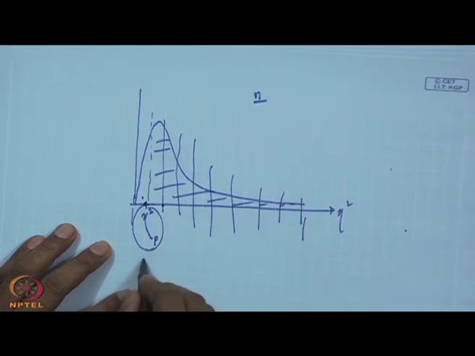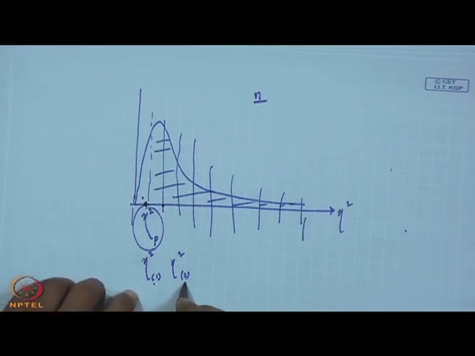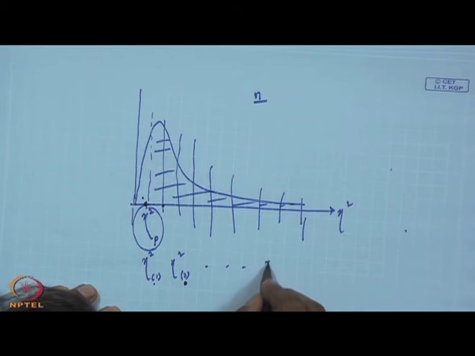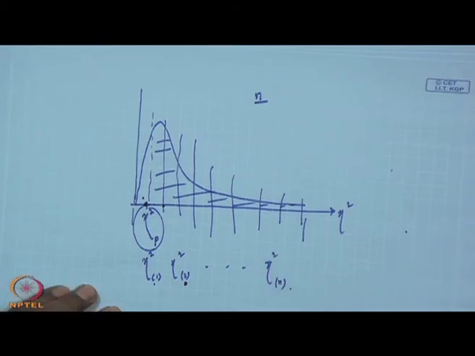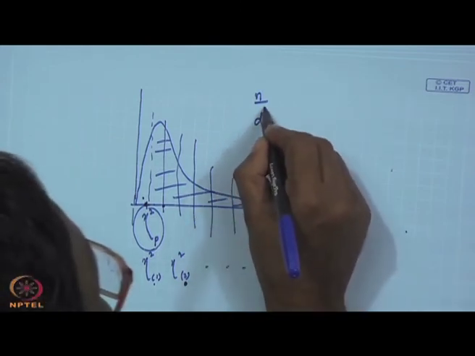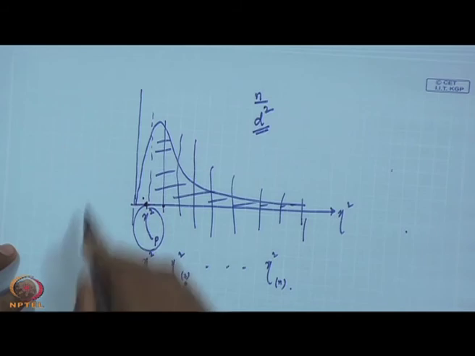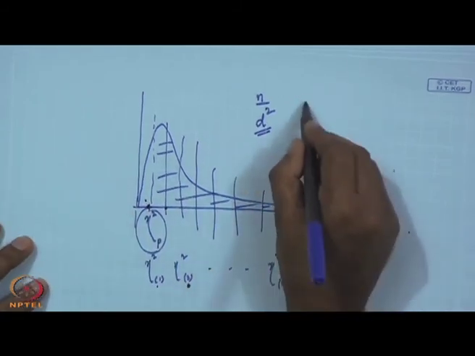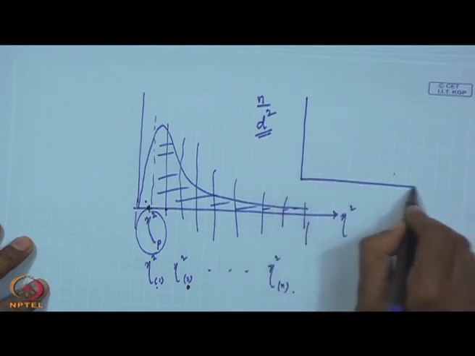So, I am saying that you have chi-square 1, chi-square 2, this 1 and 2 are not degrees of freedom, these are the observations, that is, the quantiles. Like this you will get chi-square n values. Now, as we said, d squared is chi-square distributed, so there will be a relationship between d squared and chi-square.